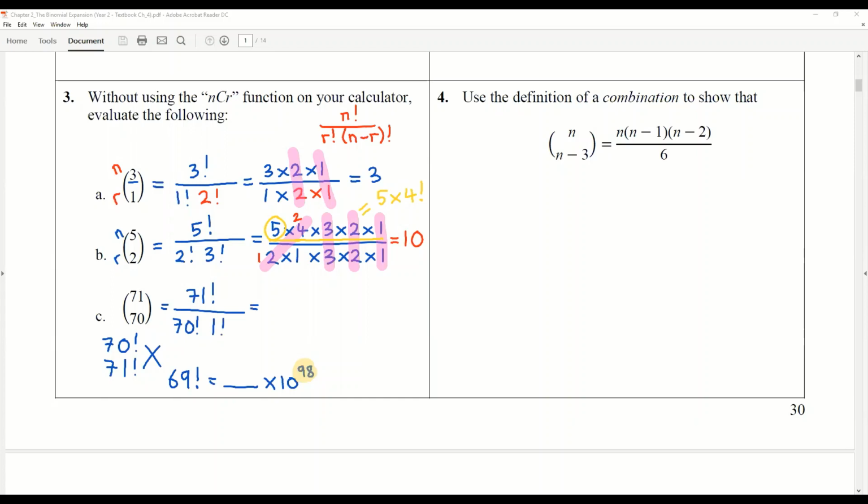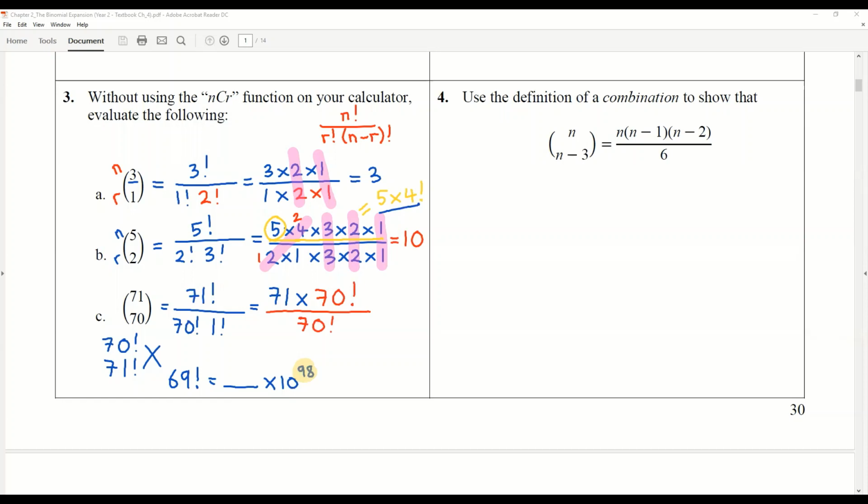Now, obviously, I do not want to write out 71 factorial, but we can use that property we discussed just a few minutes ago. So it's actually 71 multiplied by 70 factorial, because it's 71 multiplied by 70 times 69, 68, 67, etc. So in other words, 70 factorial, all over 1 factorial, which is just 1.